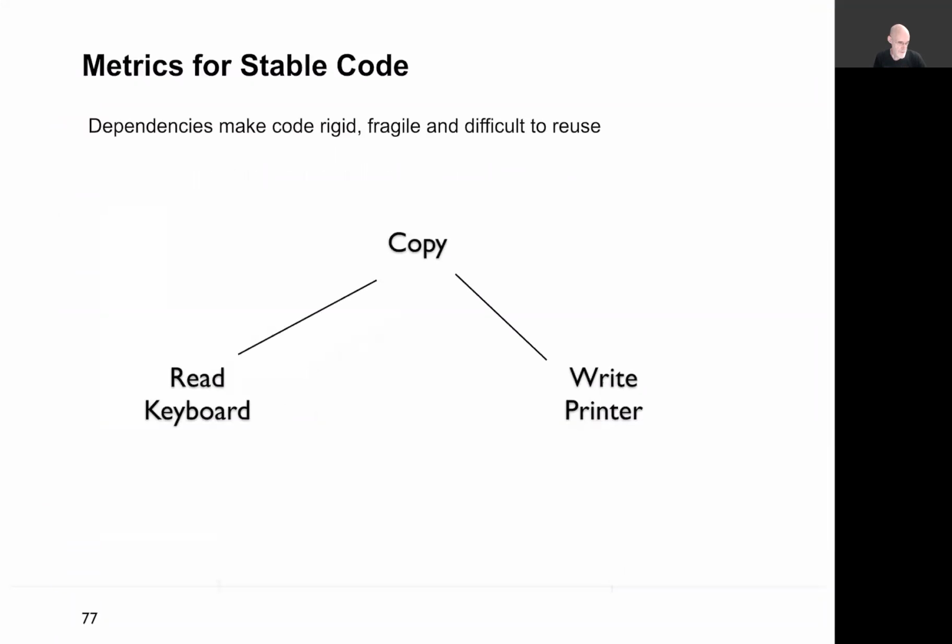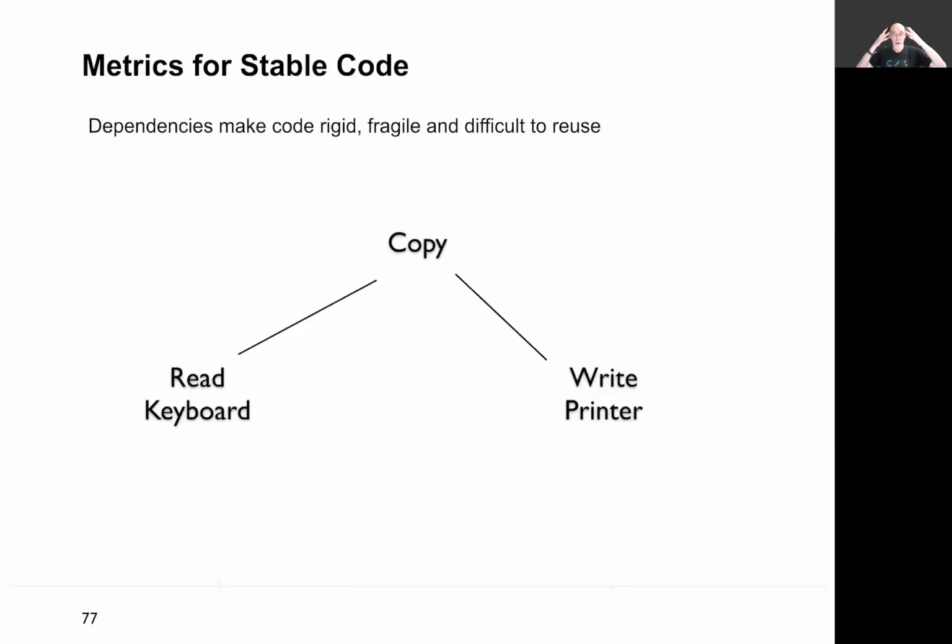So on slide 77. So we've been talking about coupling and cohesion. And all along we've been talking about making code more flexible, object-oriented programming, code reuse.